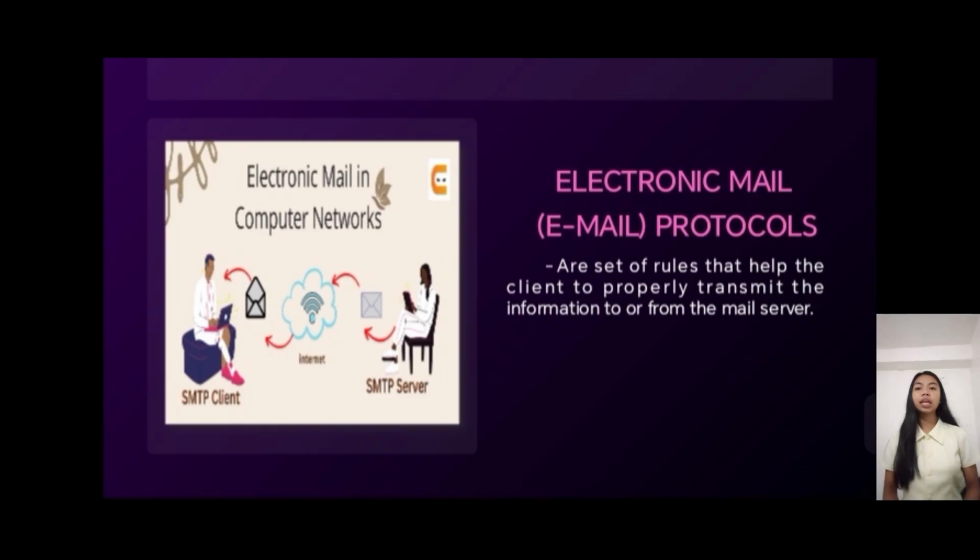In this case, the systems are a client and a mail server, which represent your email program. The rules ensure that information, or your mails, is sent and received accurately and reliably. It's like a set of instructions that both the client and the server follow to understand each other.